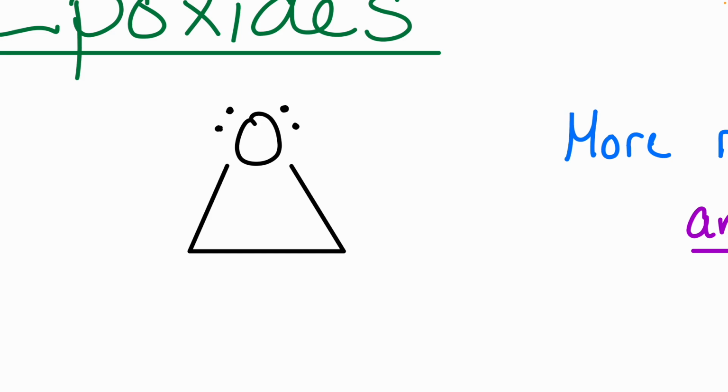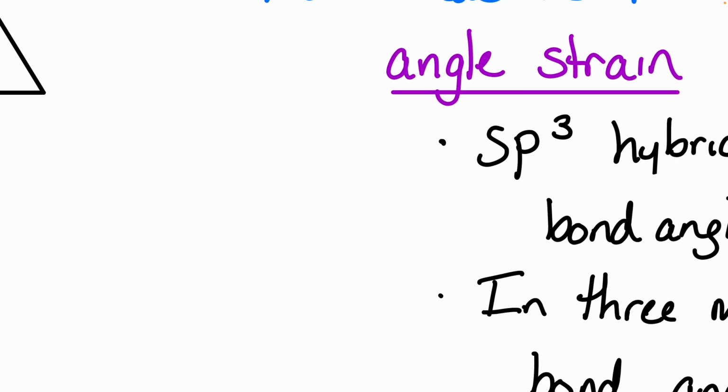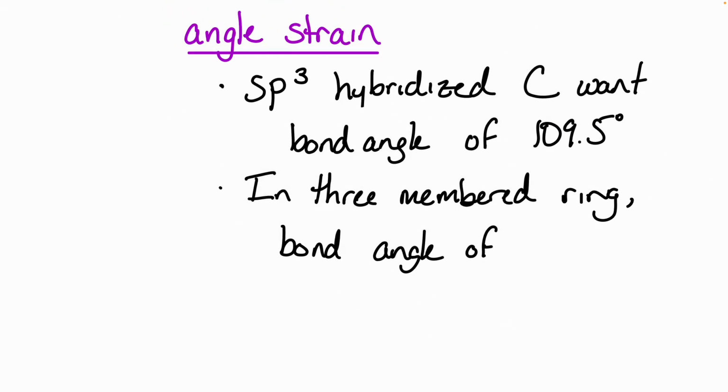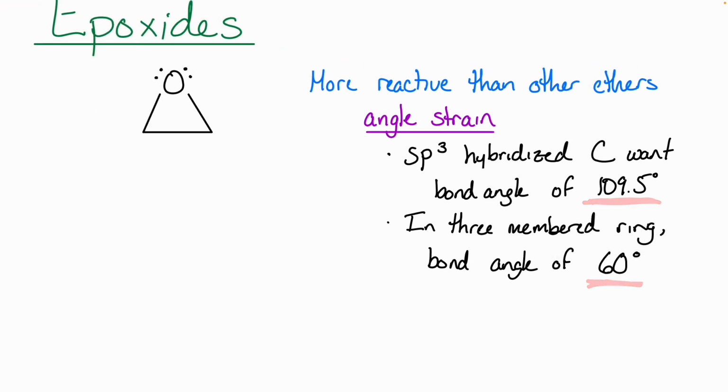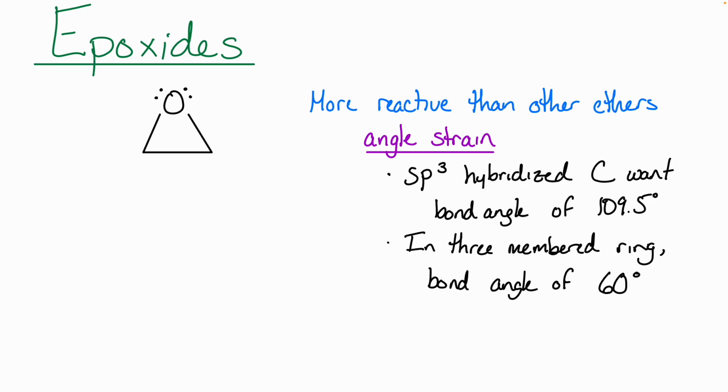For an equilateral triangle, we have these three equal bond angles of 60 degrees. Quite a dramatic difference between that ideal bond angle and our actual bond angle. So that's going to explain why these epoxides are so much more reactive than other ethers.